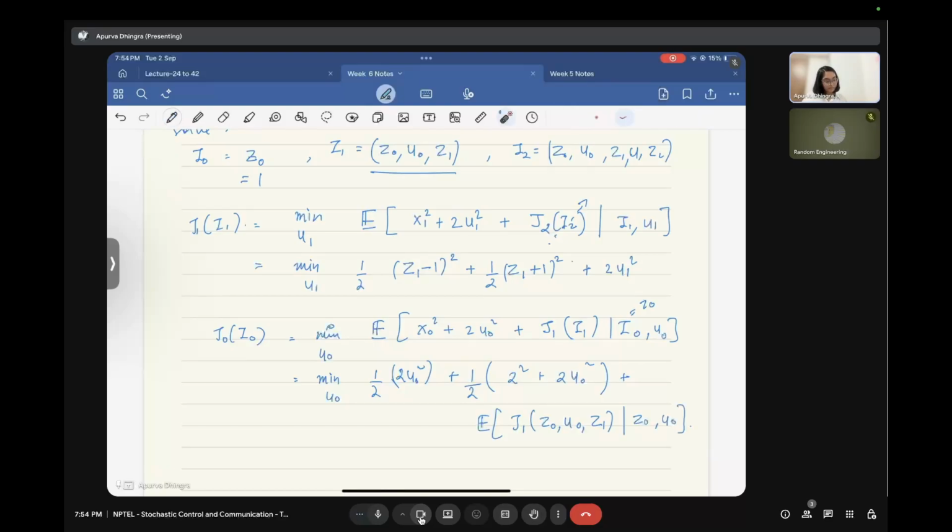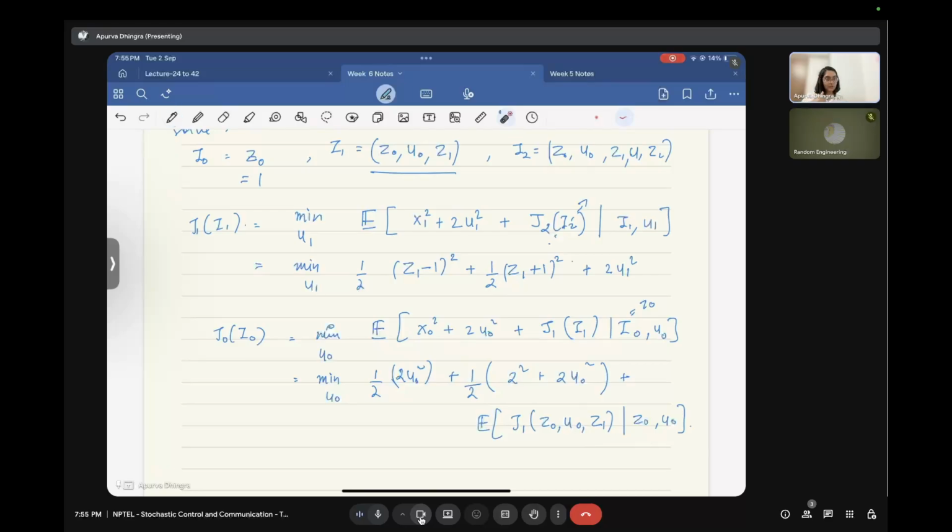So notice, because z0 and u0 are known, the only source of randomness is the value of z1, and the value of z1 depends on what kind of v1 would have been encountered at this point.